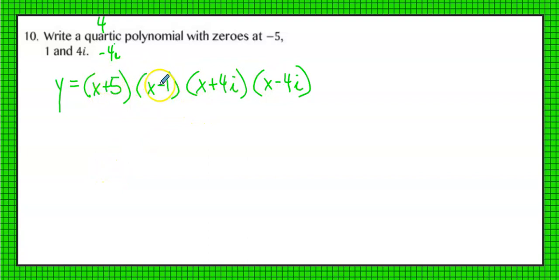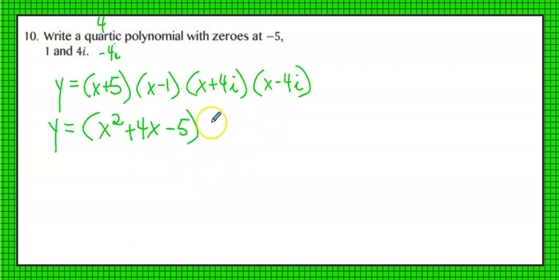Okay, so what I'm going to do is group these binomials together. So I'm going to multiply these two binomials and then these two and go from there. Now, when I multiply these two, I get x squared. Now, this is going to be positive 5x and negative 1x. I'm going to go ahead and combine those now to positive 4x, and then 5 times negative 1, negative 5. All right.